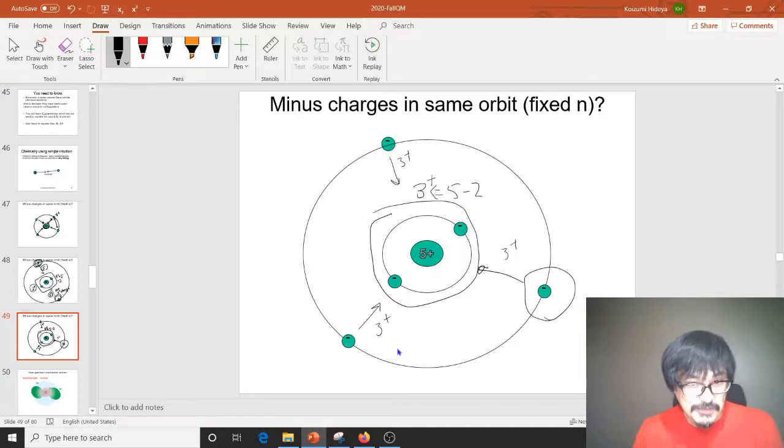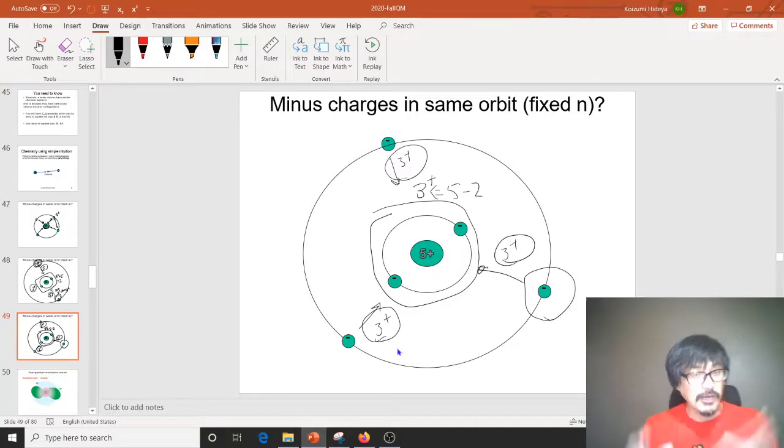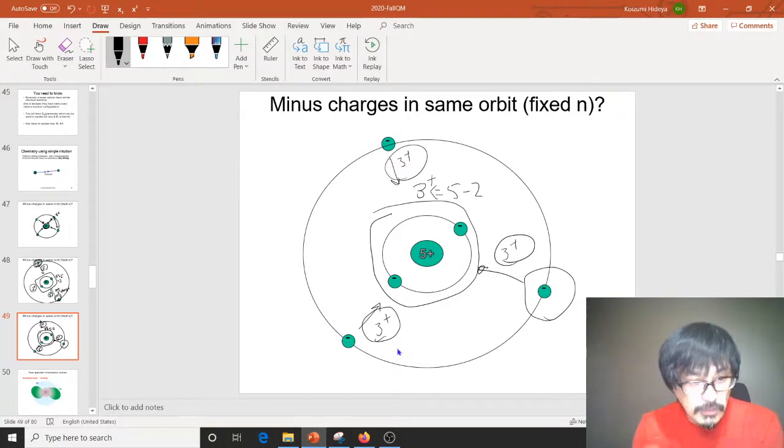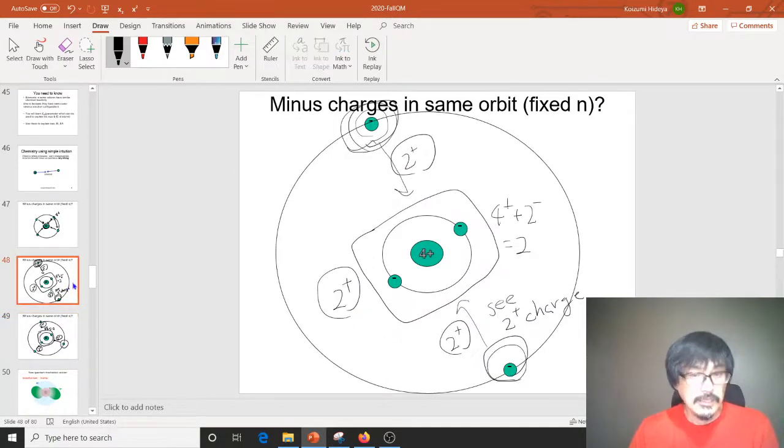And the answer is literally obvious here, right? That 3 plus charge right here gets attracted more to the middle than this case right here. They only have a 2 plus in the middle, so they don't get attracted that much. That's the basic concept of the Z effective.